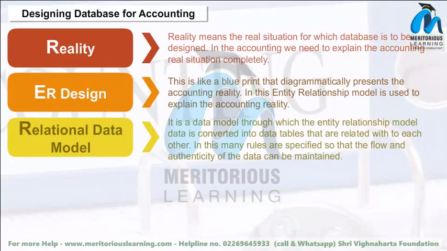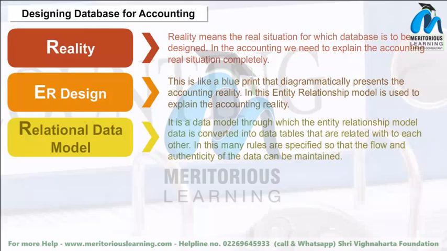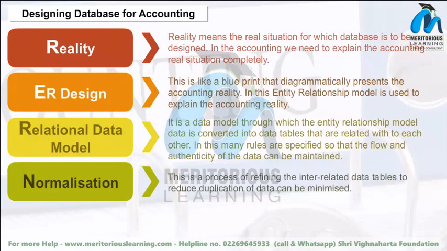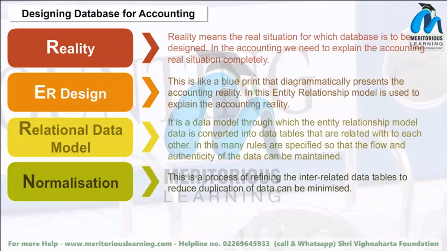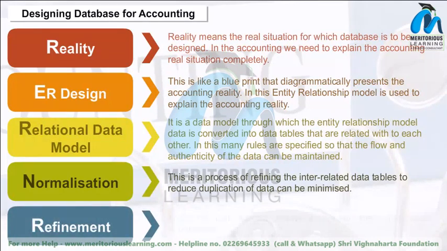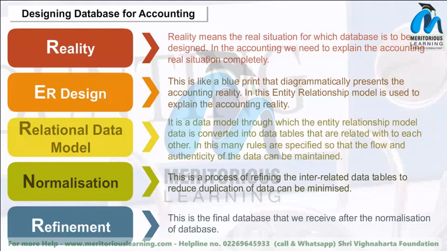In this, many rules are specified so that the flow and authenticity of the data can be maintained. Normalization. This is a process of refining the interrelated data tables so that duplication of data can be minimized. Refinement. This is the final database that we receive after the normalization of database.